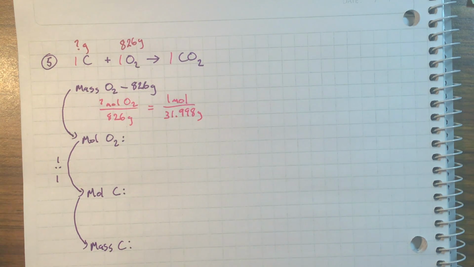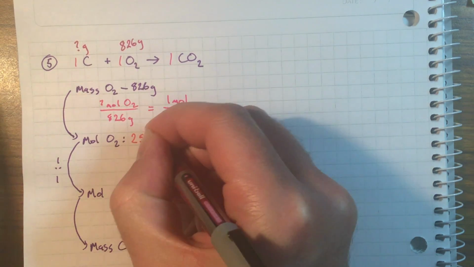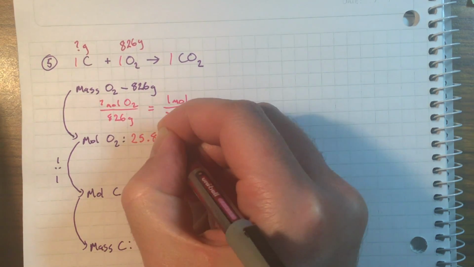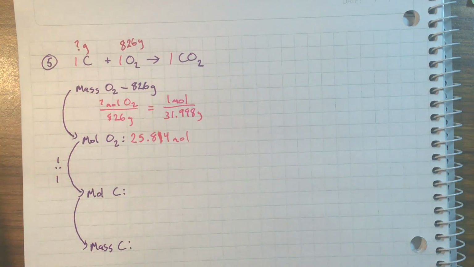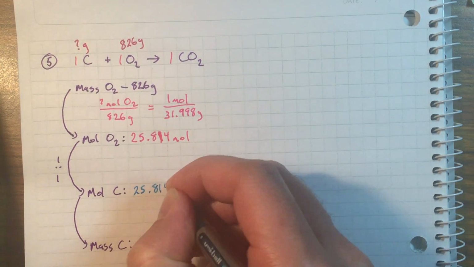So I do my 826 divided by that number, 25.814. Then I can just copy that down since it's a 1-to-1 molar ratio. 25.814 moles of carbon is what we need.